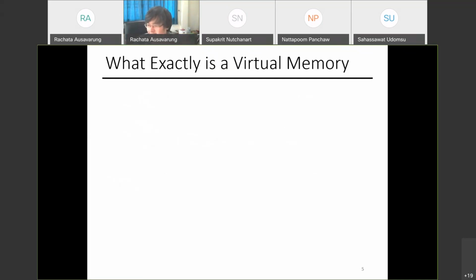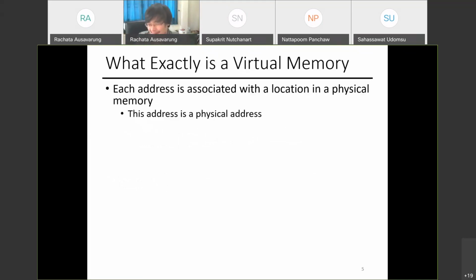So what exactly is virtual memory? When you run a program, when you call malloc, we've talked about an address, right? Malloc gives you an address, pointers work with addresses. Every variable has its own address. Somehow, each of these addresses maps somewhere in the DRAM that you bought.